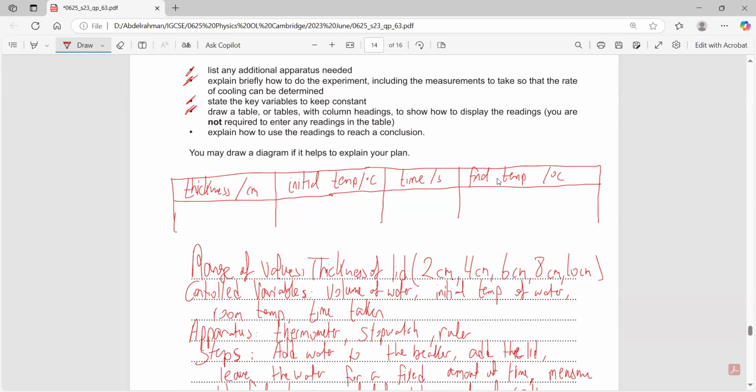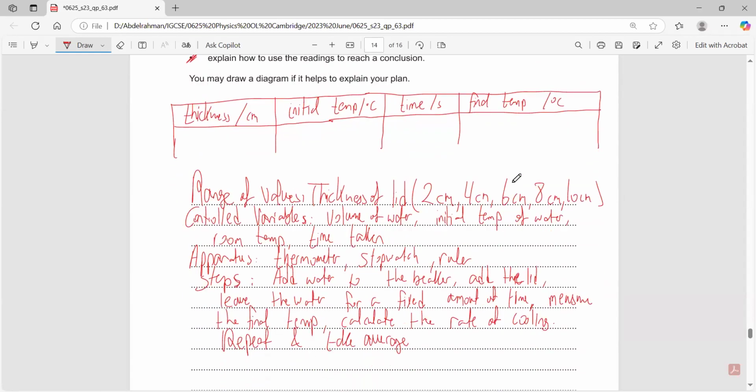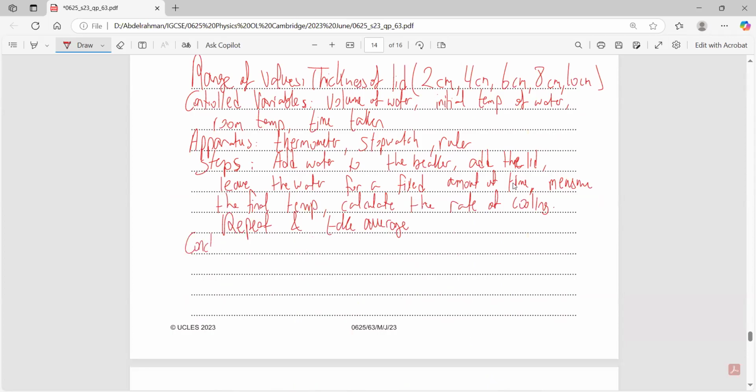Can I write down a conclusion? How will I reach a conclusion? Okay, for the conclusion, for each thickness, repeat the experiment and take average. Record the readings in the table.